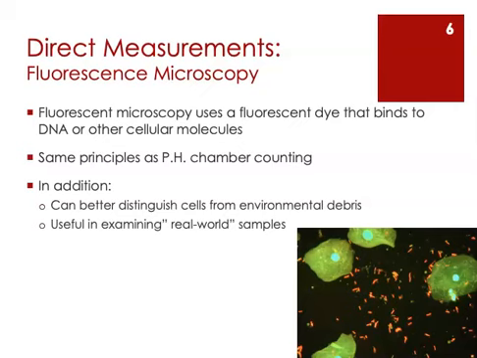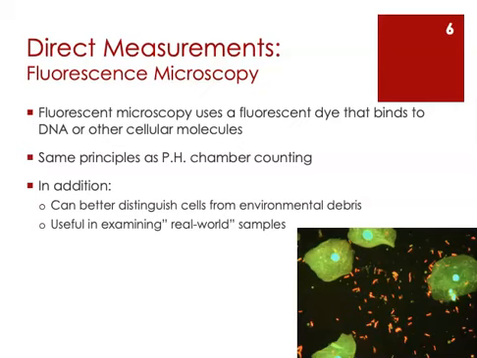Now, there are a couple of real benefits to using a fluorescent microscope compared to a light microscope. Number one, by using fluorescent dyes that specifically bind to particular cellular components, it will help you distinguish the cells you're trying to count from other debris that might be in the sample. Remember, when we talk about cell counting, we're often talking about using real-world samples.